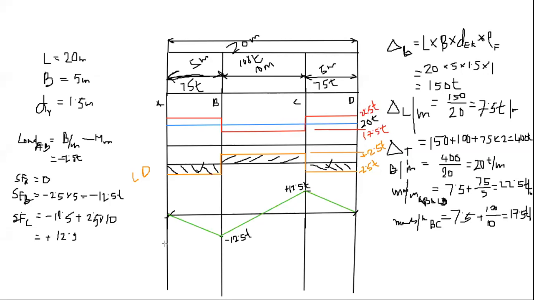Similarly, we draw a baseline here, and then we calculate the BM at A, which will be 0.